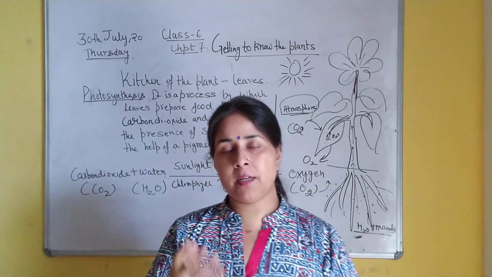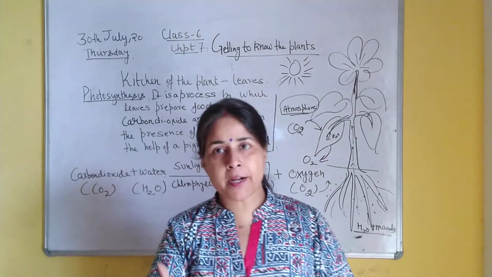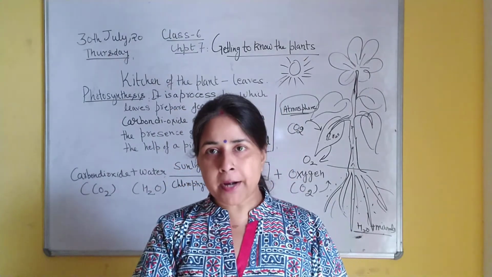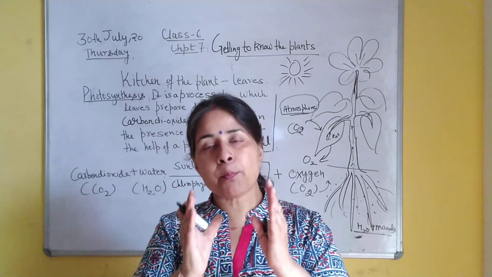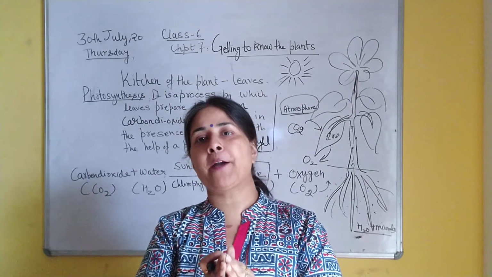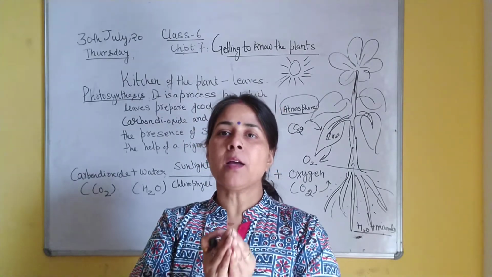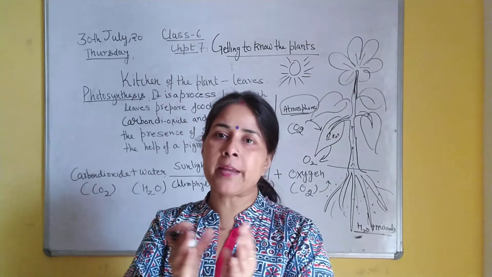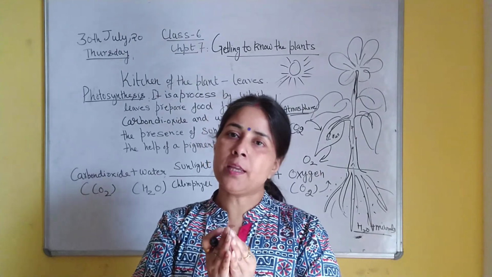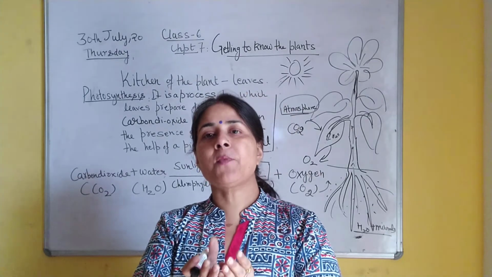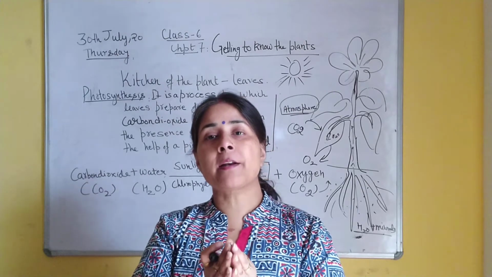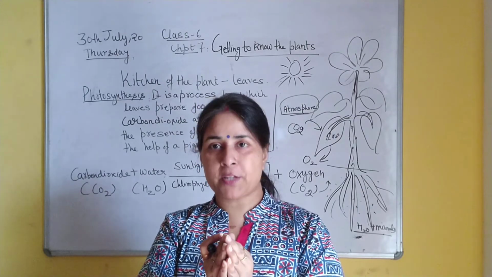Like you have seen the potato, which is an underground part. The extra starch of the plant goes and gets stored inside the potato tuber. That is why we say potatoes are a rich source of starch.